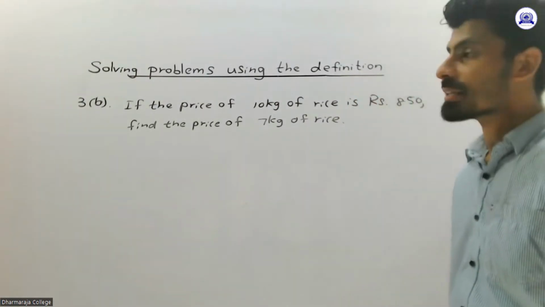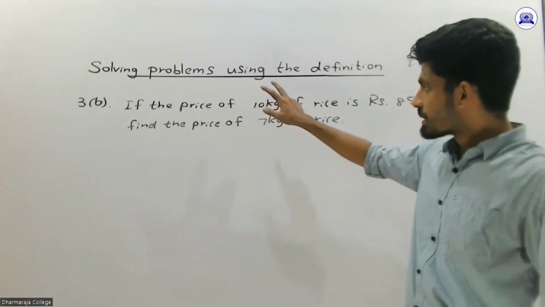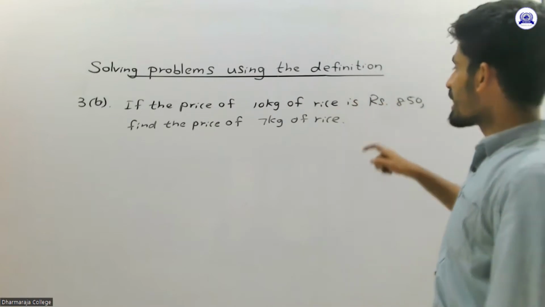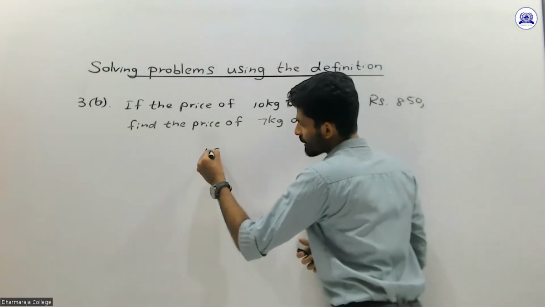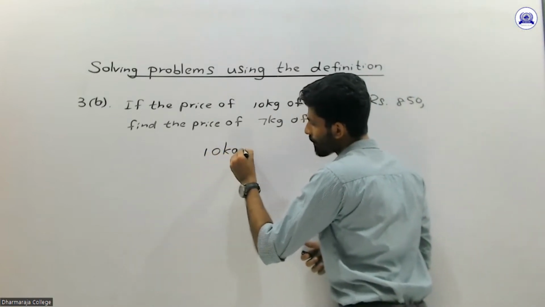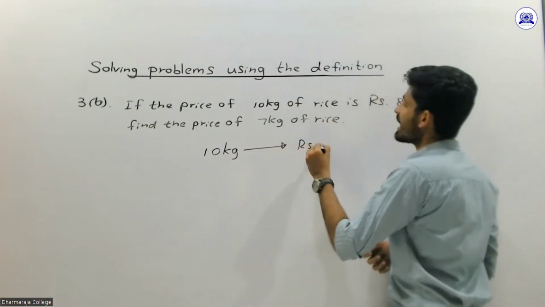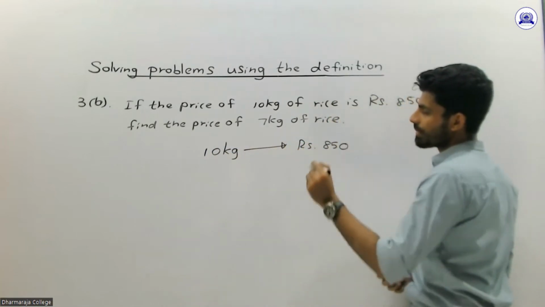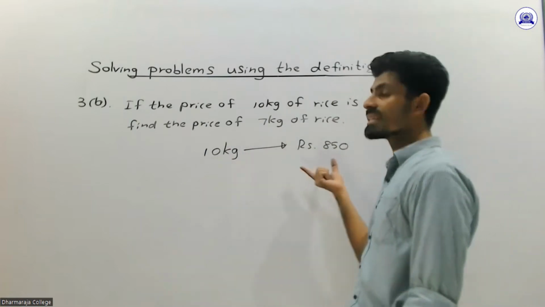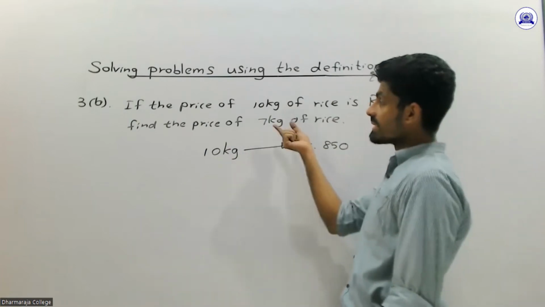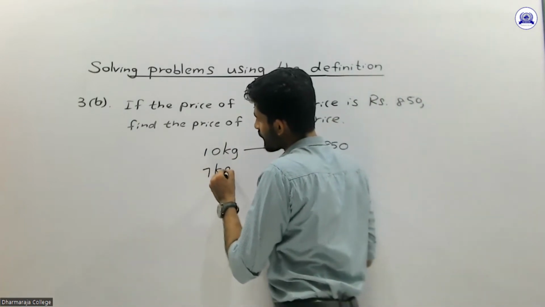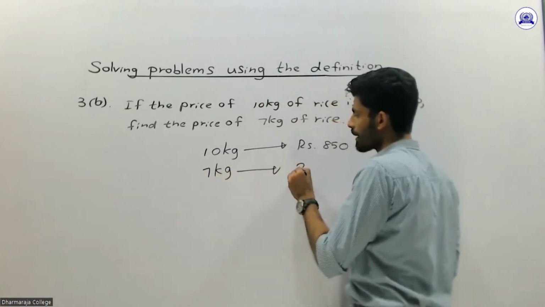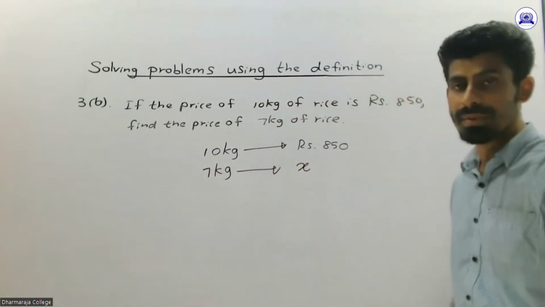Look at the third one, my dear student. If the price of 10 kilograms of rice is 850, that means 10 kilograms, 850. 7 kilograms. So you need to find out the price for 7 kilograms. Very easy.